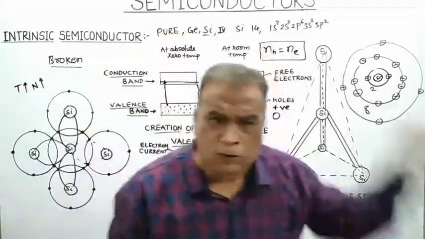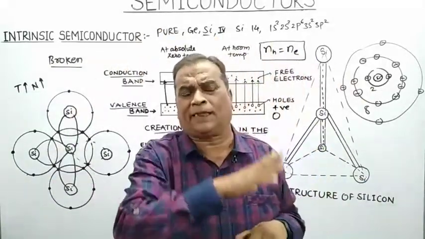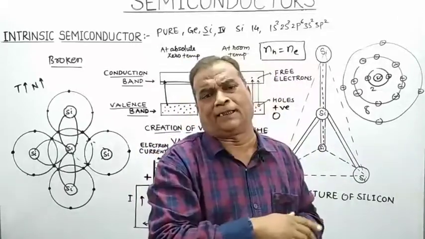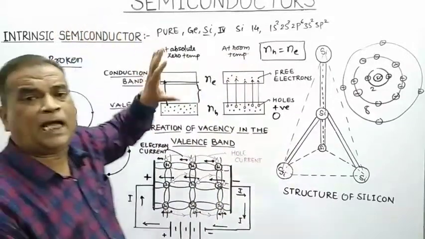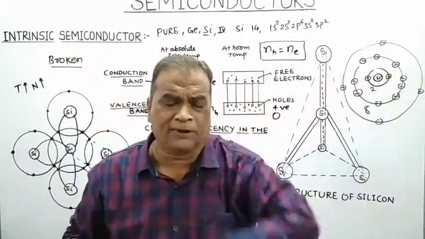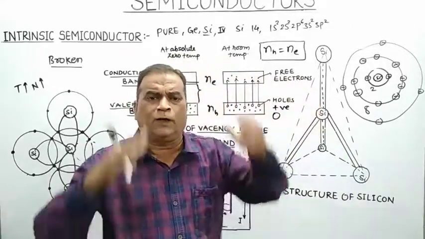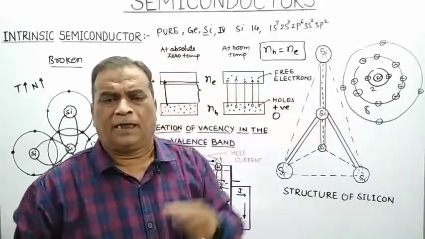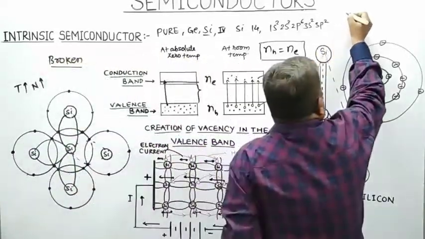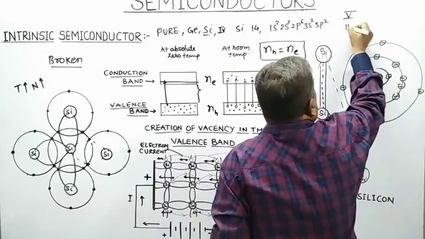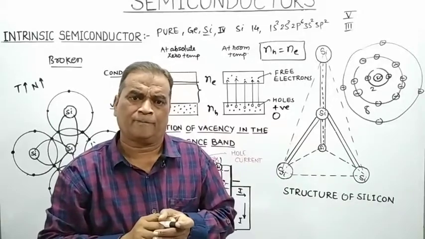So the process of adding a small amount of impurity atom to a pure semiconductor may increase its electrical conductivity appreciably. See what I am saying? To a pure semiconductor, a small amount of impurity atom might be added, from the 5th group of the periodic table or from the 3rd group of the periodic table.